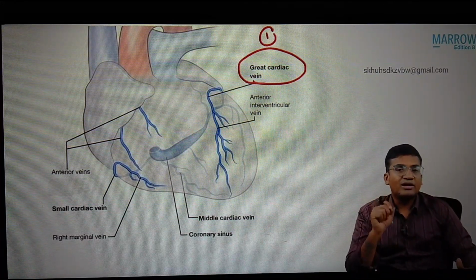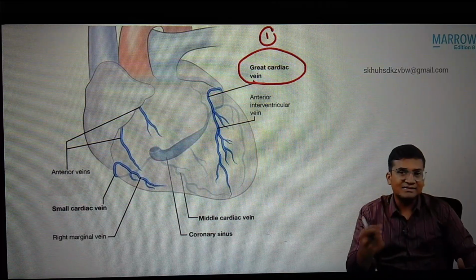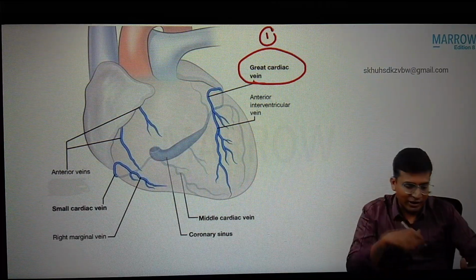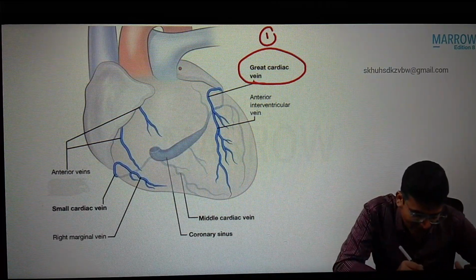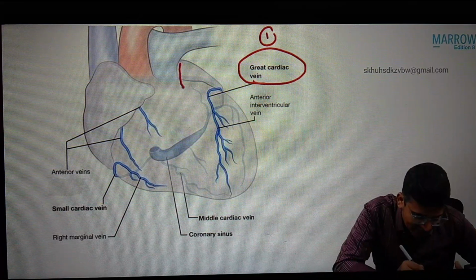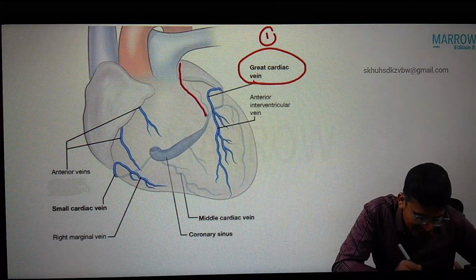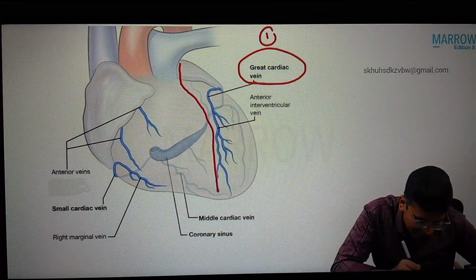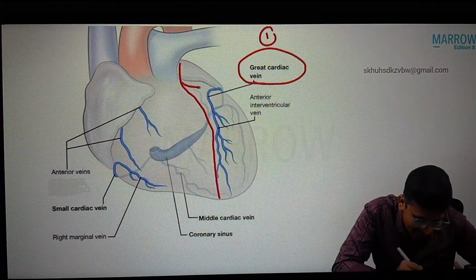Next, what are the arteries accompanying the great cardiac vein? See the diagram. This is our left coronary artery, which divides into the anterior interventricular artery and the circumflex artery.